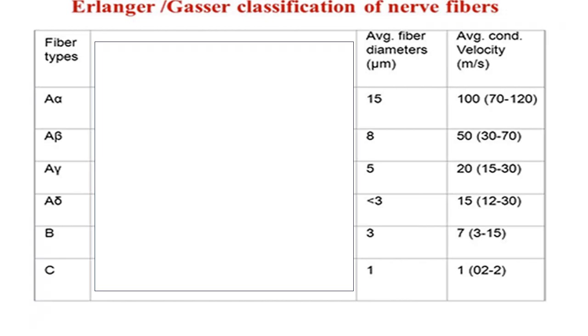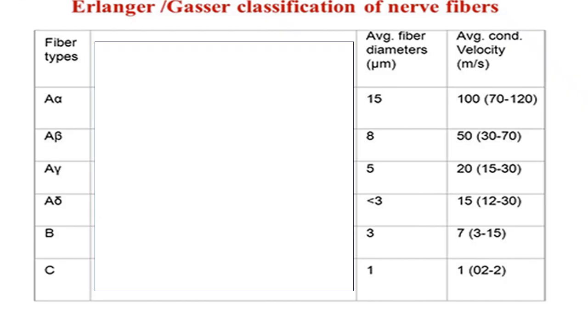So this slide gives you the diameter of the fibers, A alpha, A beta, A gamma, A delta, B and C fiber, how the diameter is decreasing in descending order, and the velocity of impulse transmission is very high in the large diameter fibers.